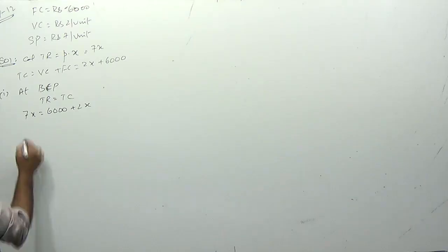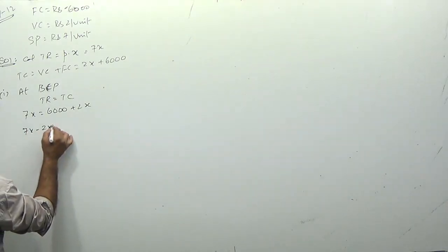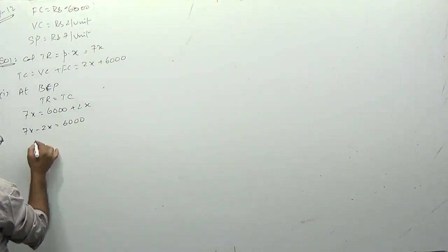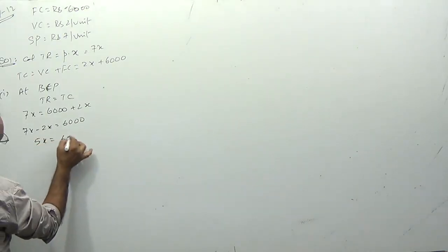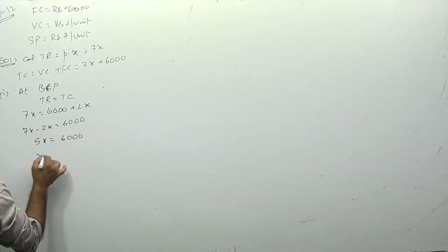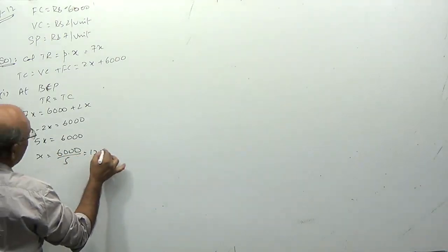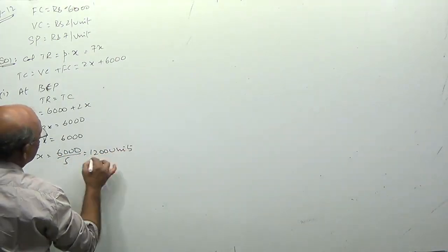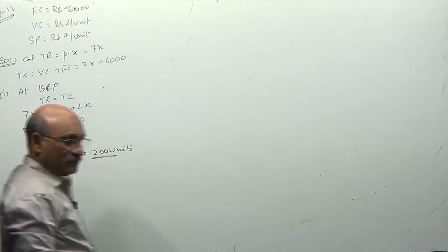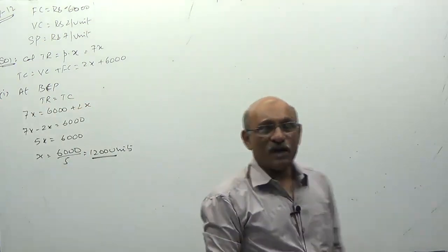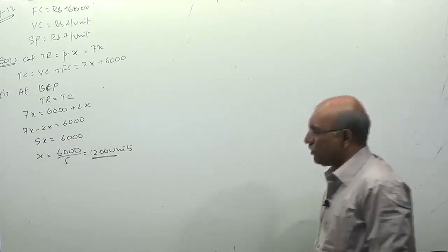Keep variables on one side. 7x minus 2x is equal to 6,000. 5x is equal to 6,000. X is equal to 6,000 divided by 5, which is 1200 units. So at 1200 units we are getting break-even point.